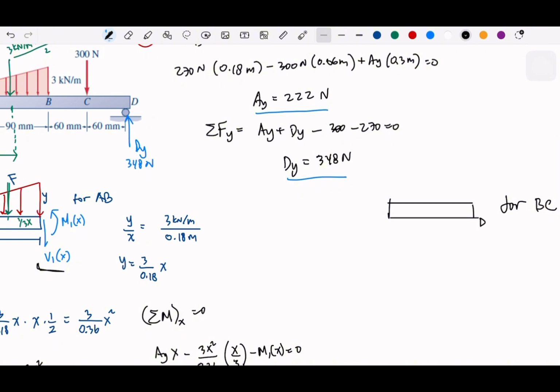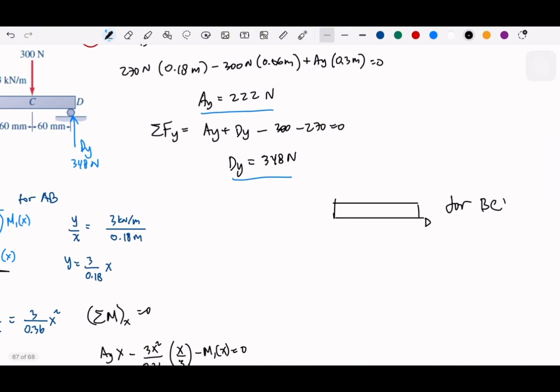And suppose this is D, or let me write this as BCD. So this will be DY, and this is C. Okay, this will be 300 Newton.